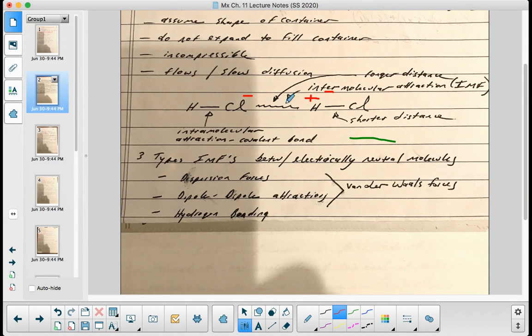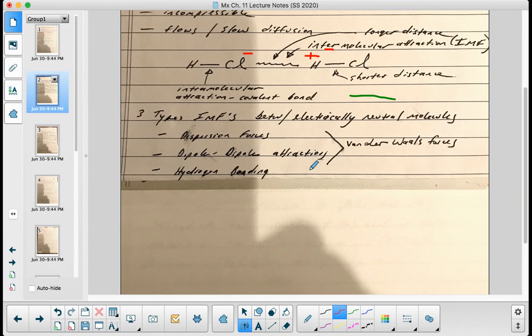It's the attractive force between those two different molecules that gives it its characteristics. There are three types of intermolecular forces: dispersion, dipole-dipole, and hydrogen bonding.